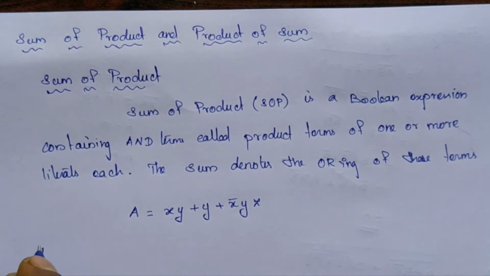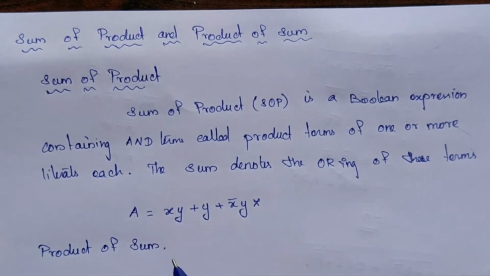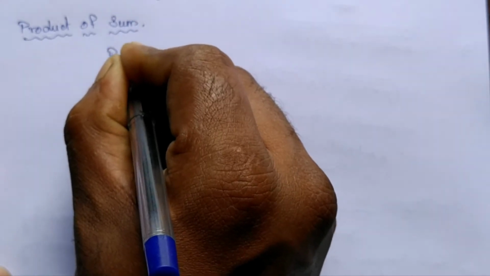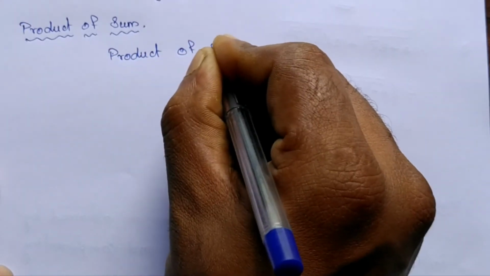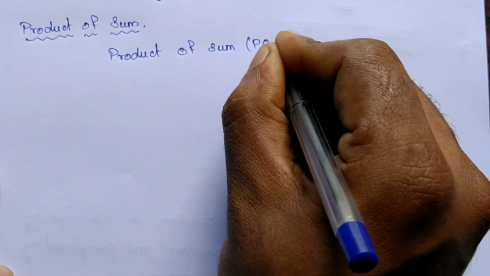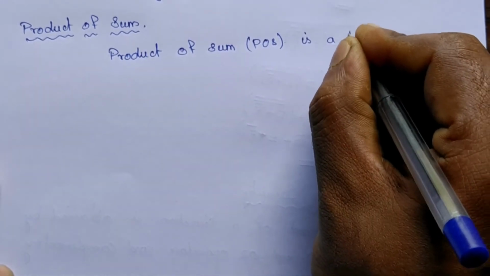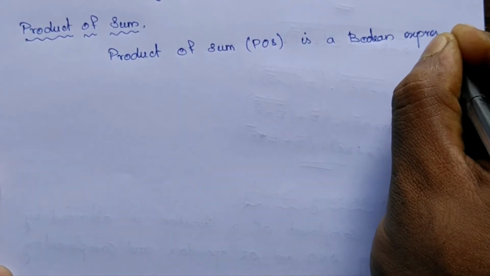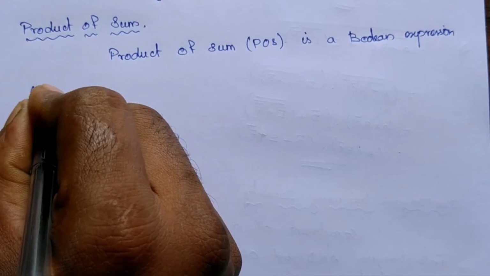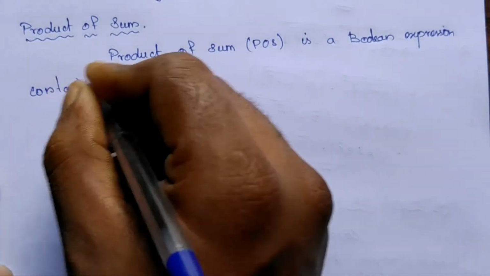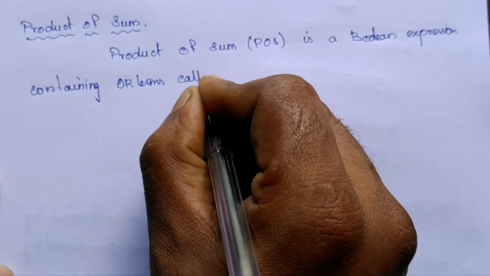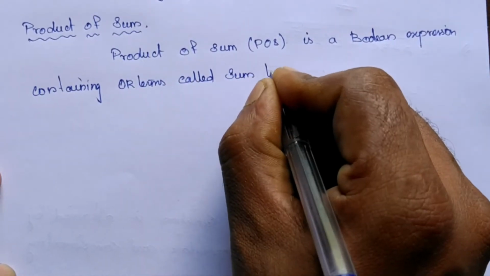The next one is product of sum. Product of sum, POS, is a Boolean expression containing OR terms called sum terms.